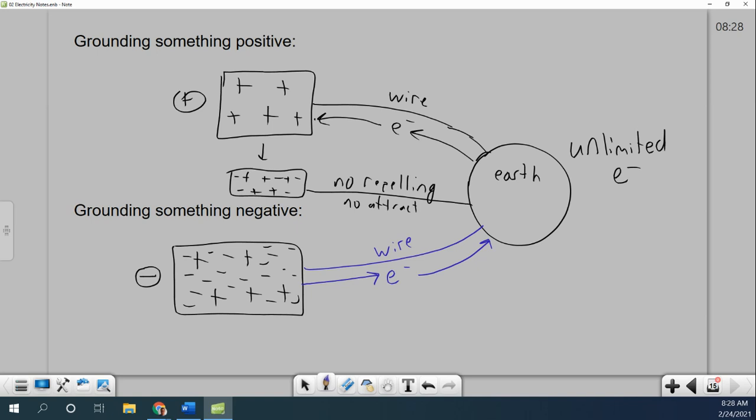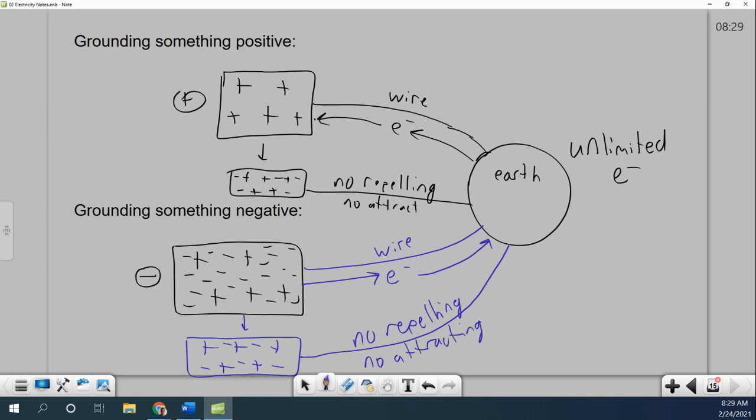If something is positive, electrons come from the Earth. And eventually, you would end up 1, 2, 3, 4, 5. Balanced. That wire would still be there. But again, if it's neutral, there is no repelling and there is no attracting.